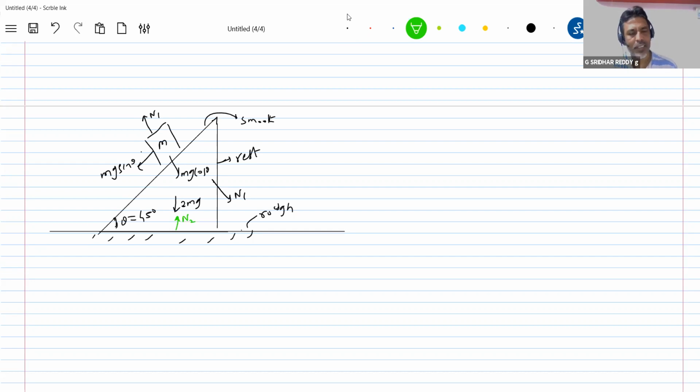What possible direction should the friction act on the wedge by the ground? Because of n1 sine theta it will try to shift. So the friction by the ground on the wedge should be in this direction. By the wedge on the ground should be towards right. Let it be this one.